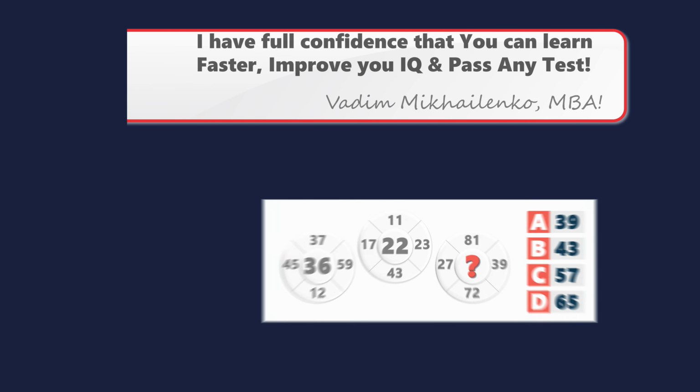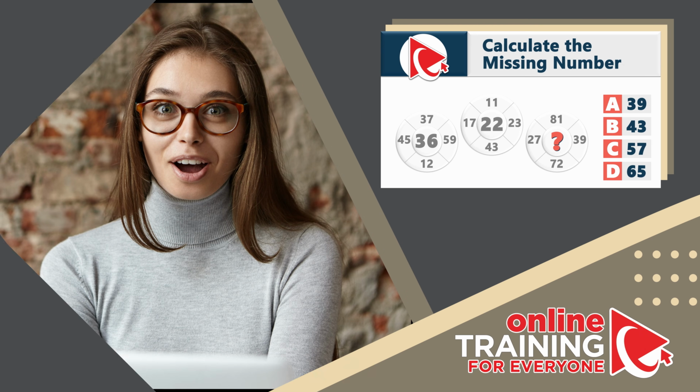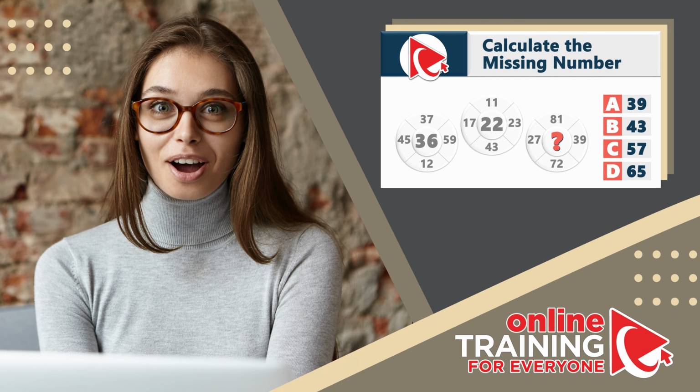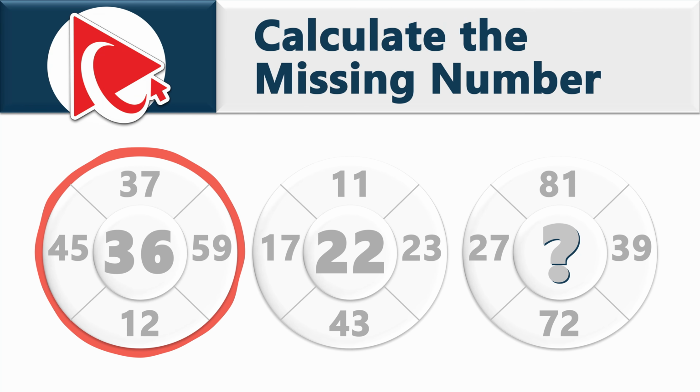With this question, the goal is for you to try to solve it on your own and get as close to the answer as possible, so you can take your cognitive skills to the next level. You're presented with 3 cool-looking circles. The first circle has number 36 inside and numbers 45, 37, 59, and 12 on the outside.